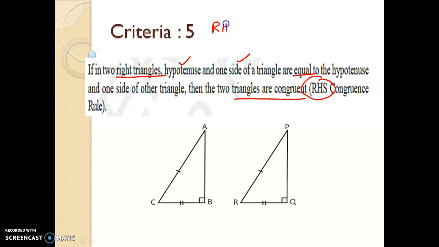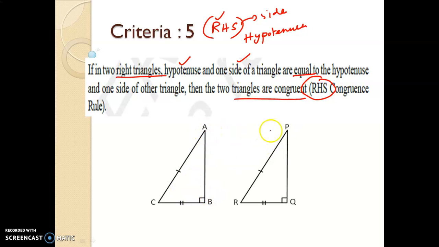R stands for right angle, H stands for hypotenuse, and S is nothing but side. So in right triangles, if the hypotenuse and one of the other two sides are the same, they are called congruent triangles under RHS. Look at this diagram.